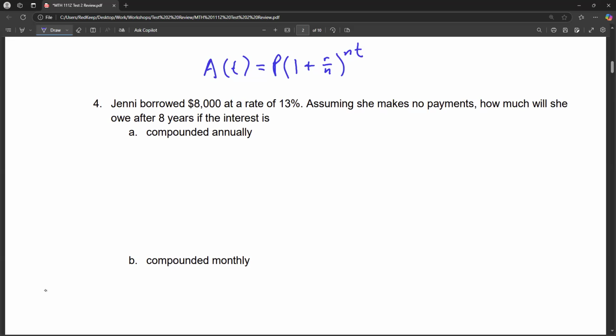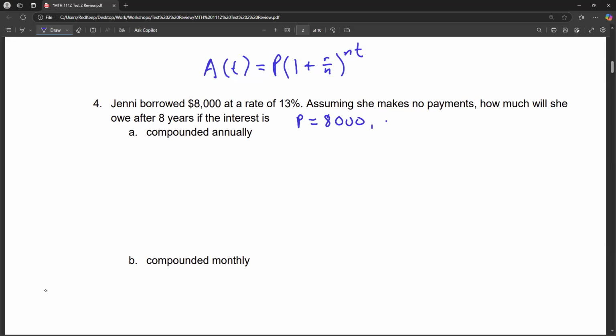So Jenny borrowed $8,000. And so that's going to be our P value, right? So maybe I'll write that down. I have the recipe above. Let me write out the ingredients. So P is equal to 8,000 at a rate of 13%.